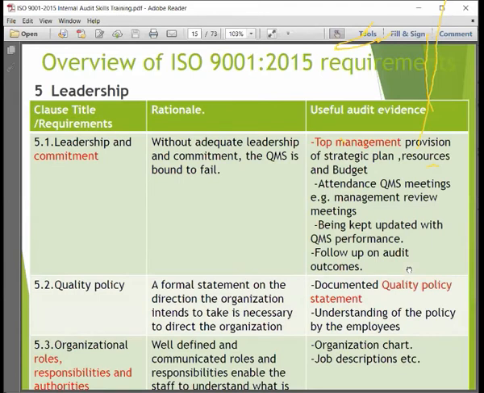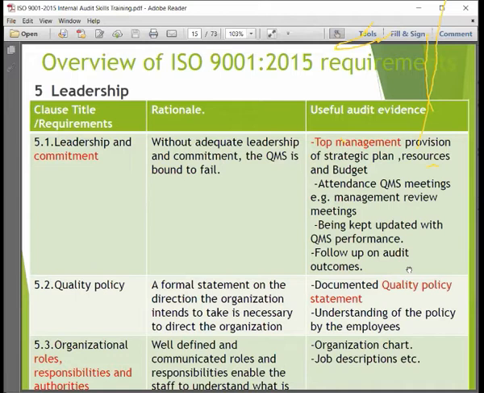Number 5 is about leadership. There are requirements of leadership commitment. They have to show and demonstrate it. Why? Because without adequate leadership and commitment, the QMS is bound to fail. If the top management are not committed, don't avail the resources, and are not giving good examples, it cannot work.